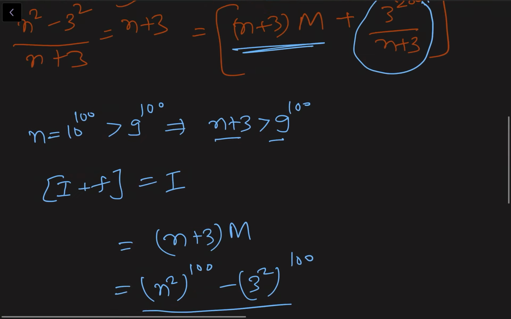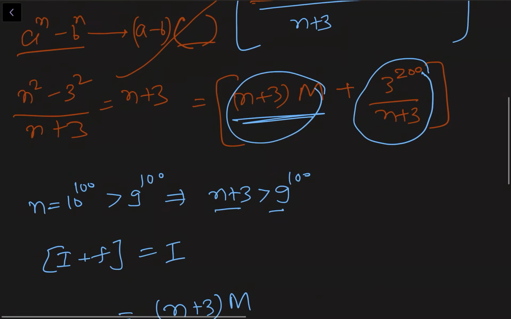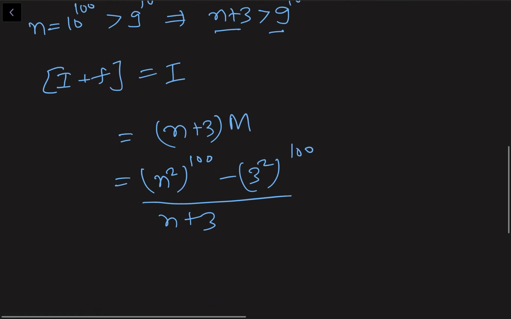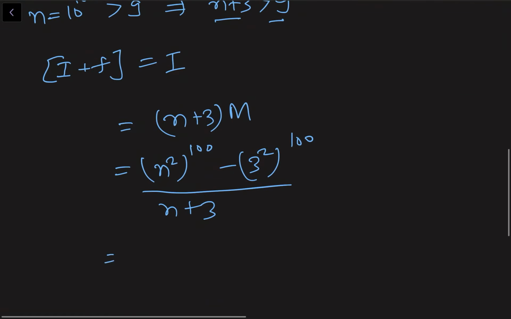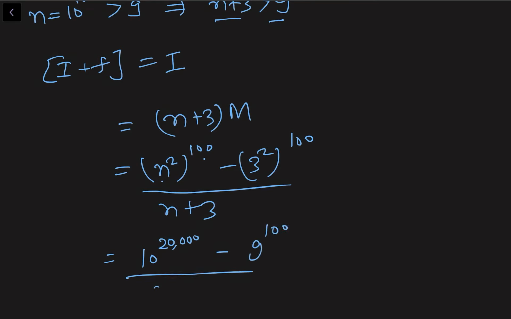Now n square raised to power 100 is n raised to power 200, so putting the value again I get 10 raised to power 20,000, and here I get 3 square raised to power 100, or 9 raised to power 100. Here I have n plus 3.